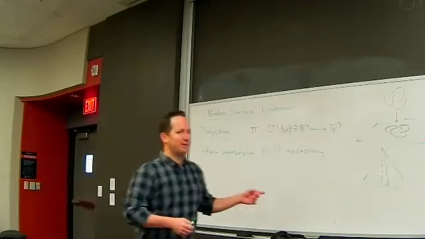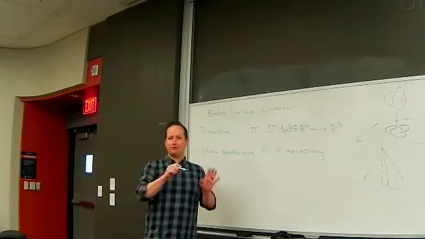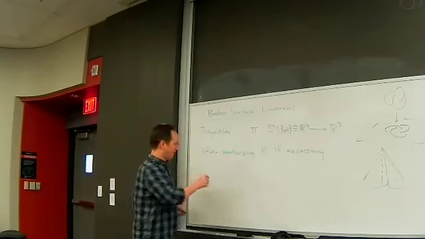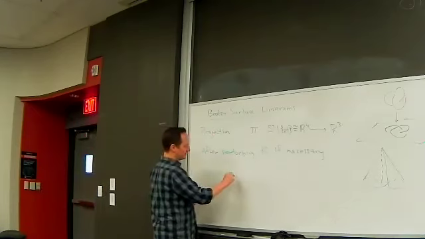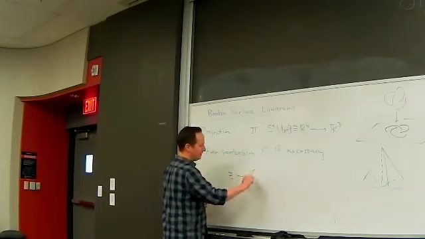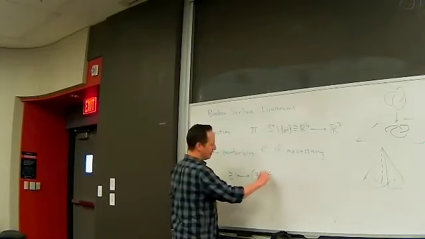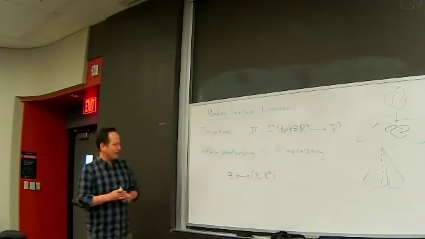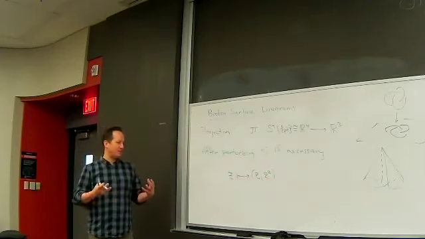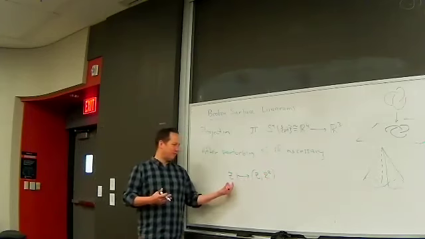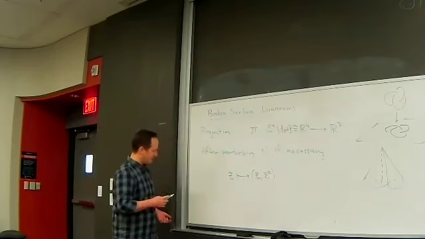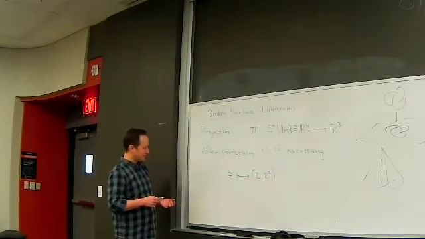So if you've seen this sort of embedding, Gordana said this is like sending the complex Z into Z comma Z squared. So in 4 dimensions, this thing can kind of look like, let's see, what's the best?